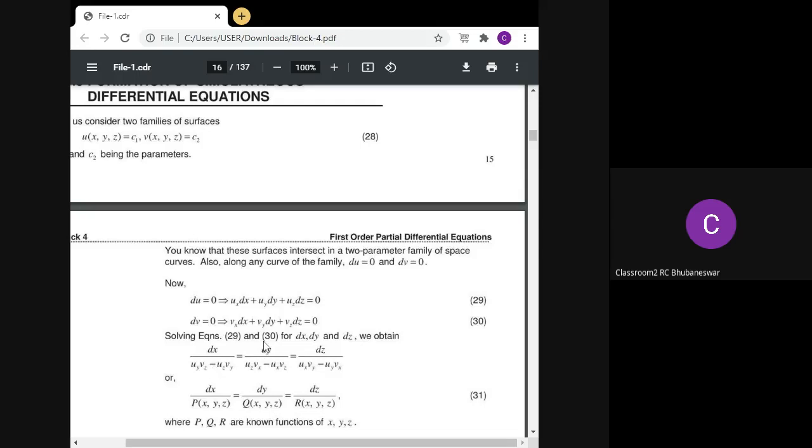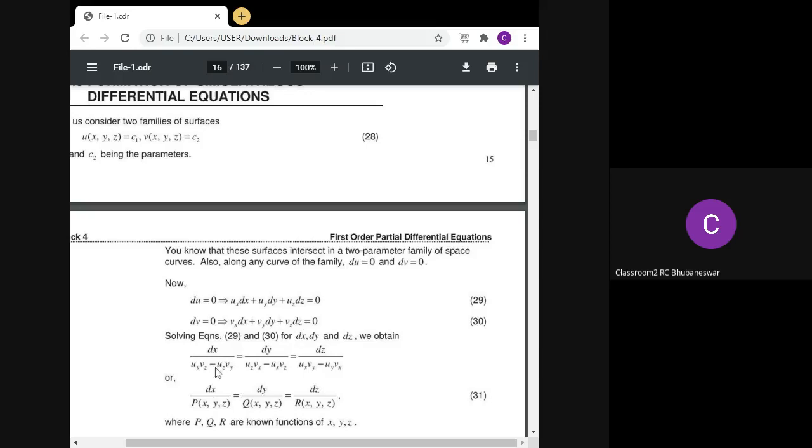That can be directly obtained from these two equations by omitting the first terms. Look at the denominator of the first fraction: u_y into v_z minus v_y into u_z. In this form, the expressions for dy and dz have been calculated from equations 29 and 30.